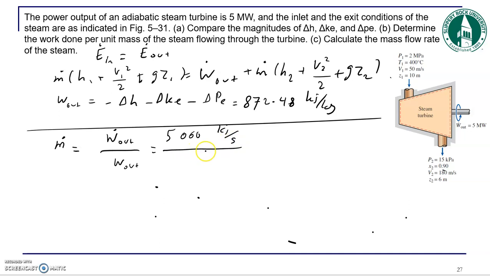And you divide it by W out, so that's 872.48, and the result is 5.73 kilogram per second. All right, so that's it for this problem.